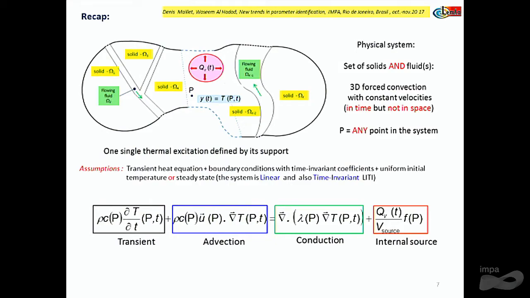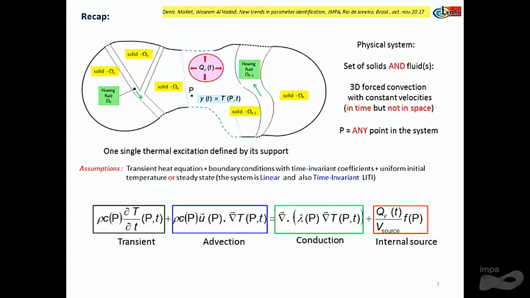Here we have the transient term, with possibly varying volumetric heat capacity with the location. Here you have the advection term, with the same volumetric heat and possibly varying in space local velocity. Here you have the conductivity that has not to be uniform. And here you have the source. Here you can see the separation property.